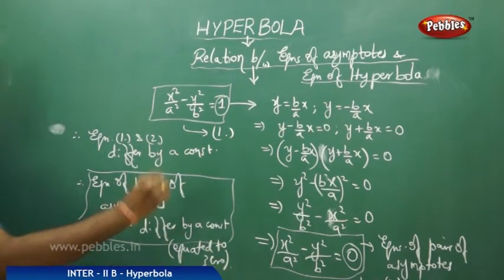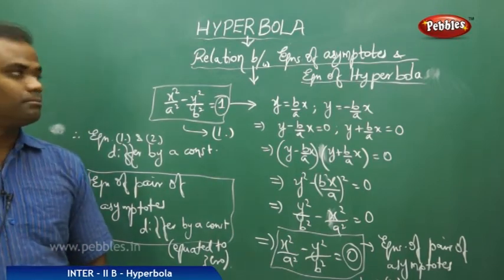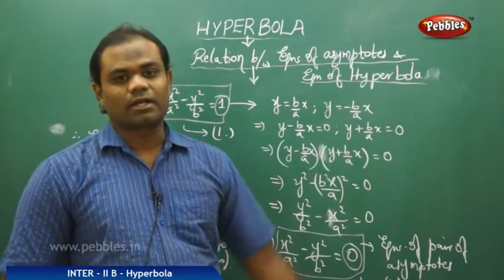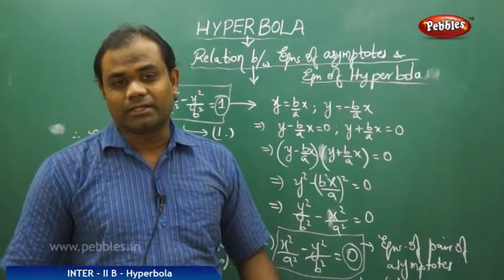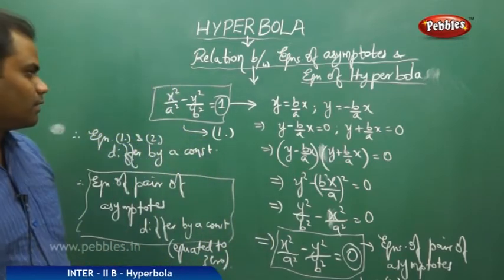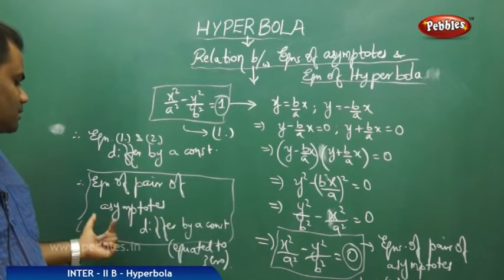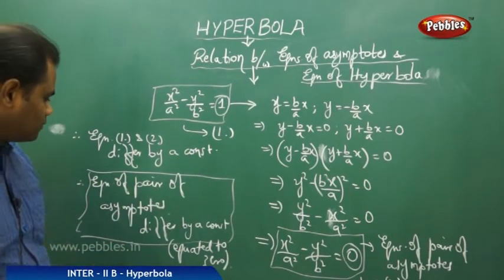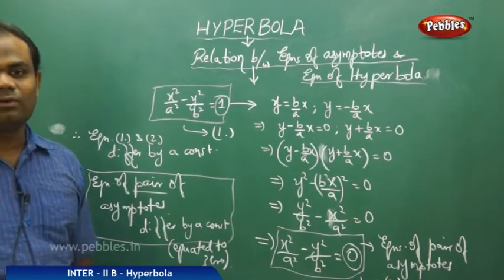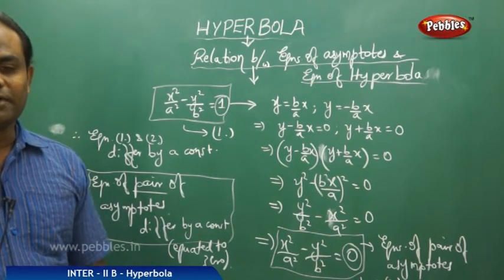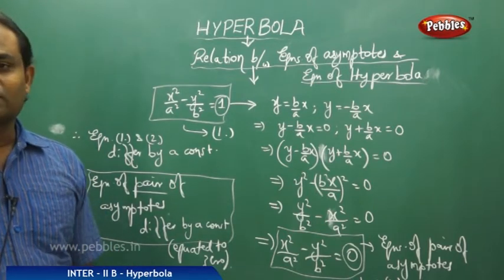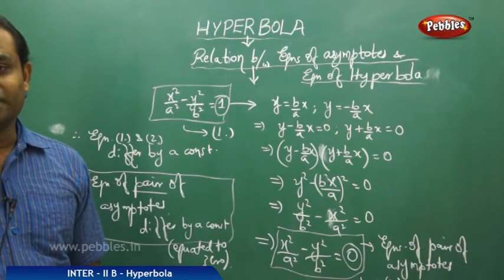This is how we understand the equations of the asymptotes and the equation of the hyperbola are connected through the constant. If I equate the right hand side constant of the hyperbola to 0, I get the equation of the pair of asymptotes. That's how I understand the relation between the asymptotes and the hyperbolic equation.